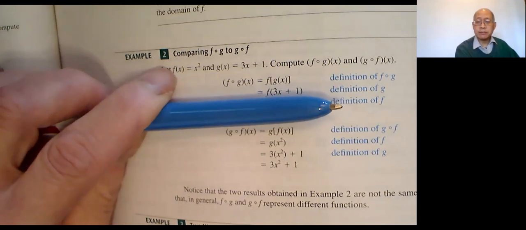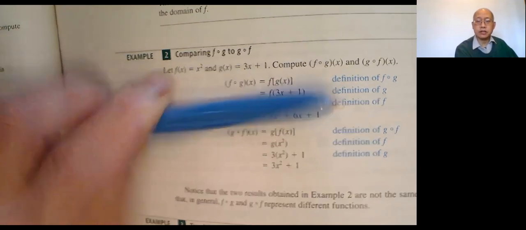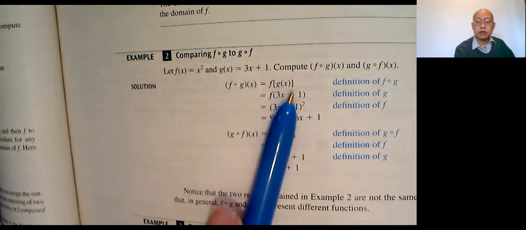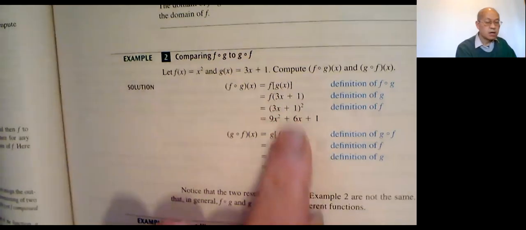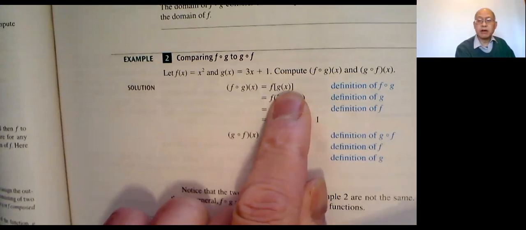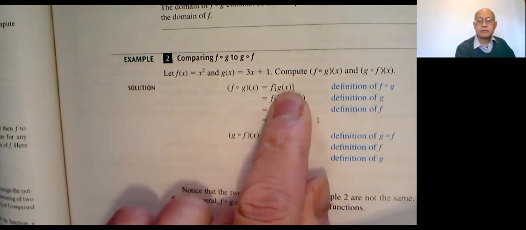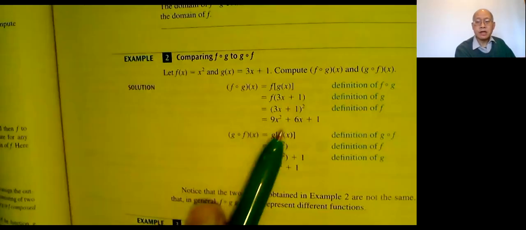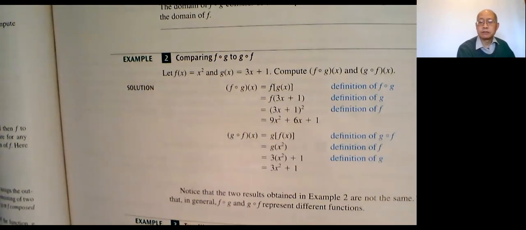And now that 3x plus 1 gets applied to the F function. What does F do? It squares whatever you give it. So whatever's behind my finger right now, we square it. So 3x plus 1, you square the 3x plus 1. 9x squared plus 6x plus 1.